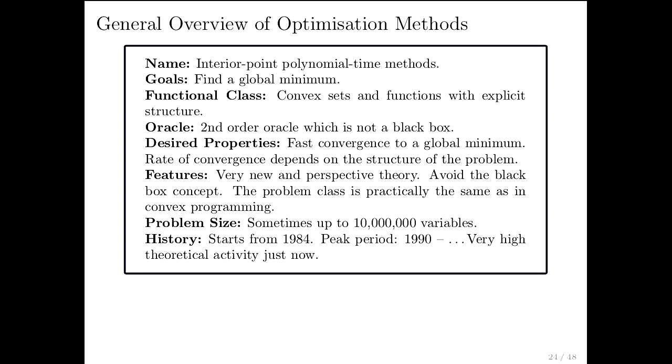It nearly covers the same family of problems. It uses higher order oracles, second order oracles, and as I said, it can solve very large problems, but it has shortcomings.